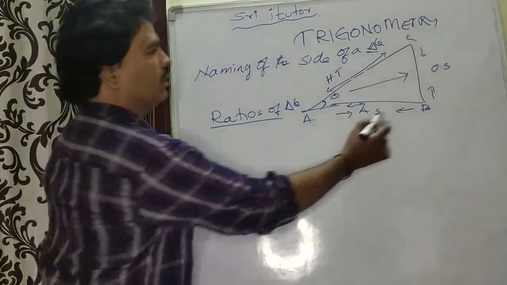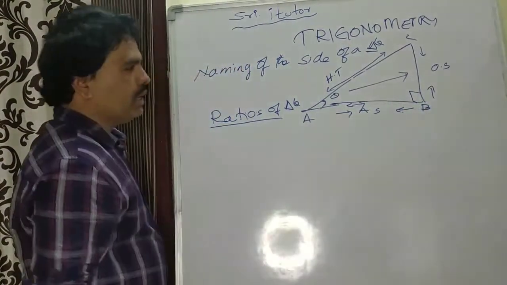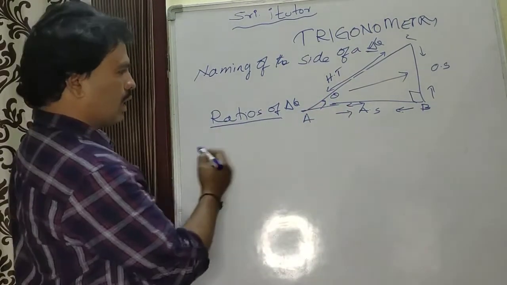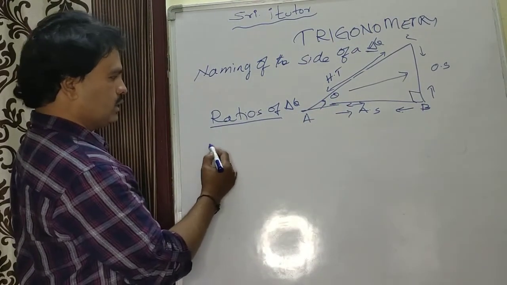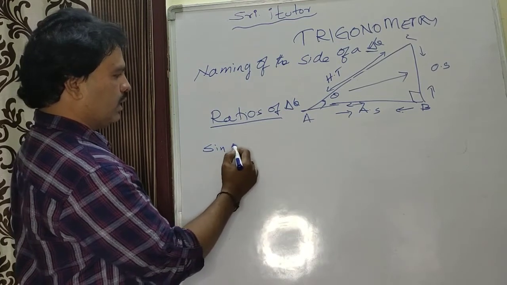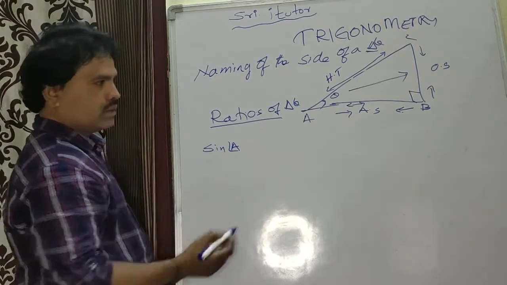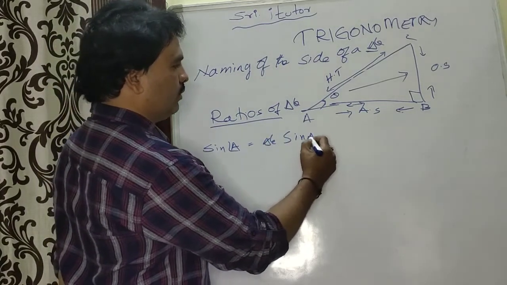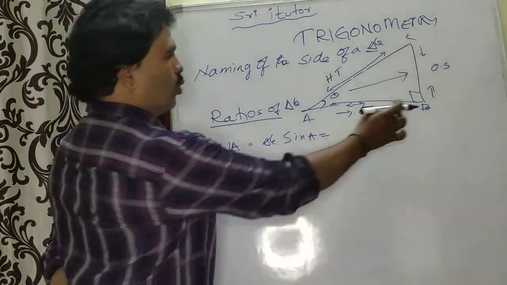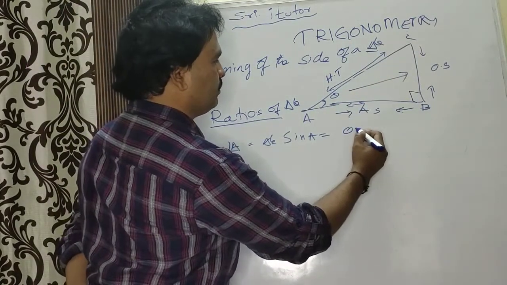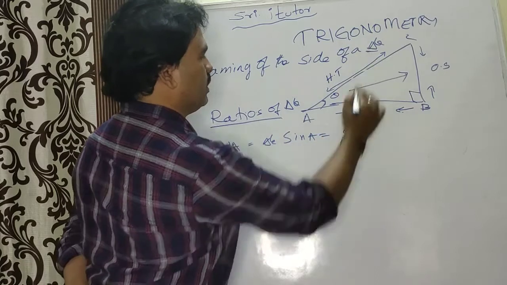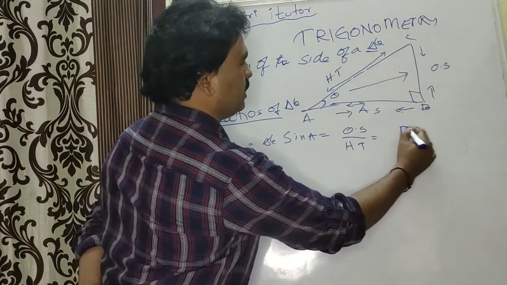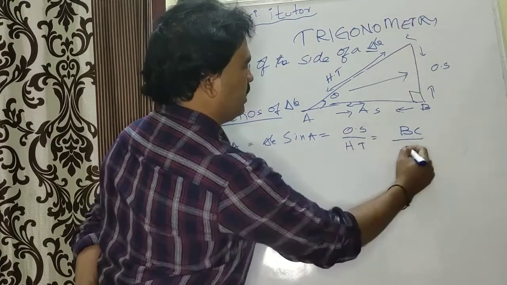In this right angle triangle, angle B is the right angle and A is the acute angle theta. Now I define sine A. The definition of sine A is opposite side by hypotenuse. Opposite side means BC by AC.